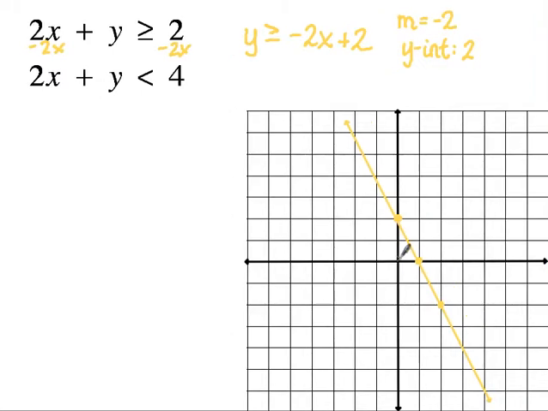So let's plug in 0, 0, and what do I get? The 0 is greater than 2. Is that true? No. Nope. So which way am I going to shade? Right. To the right.